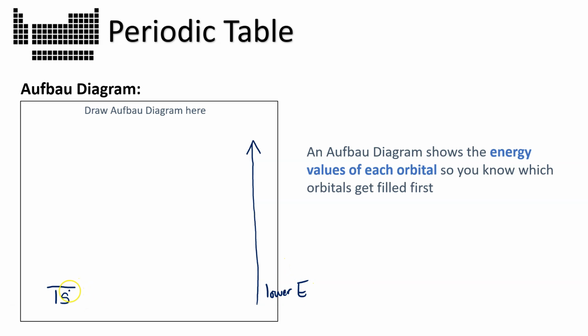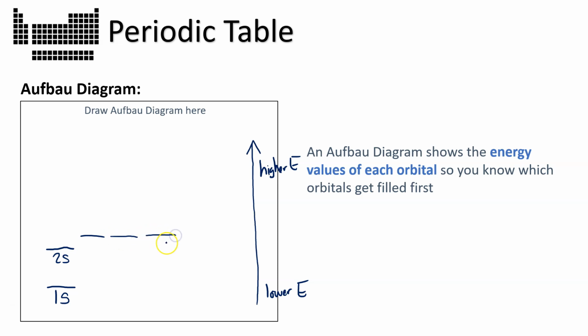So my 1s orbital is going to be the furthest to the bottom, which means it's also the orbital of the lowest energy value. And as we go up, we're mapping out orbitals with higher energy values. So first is the 1s, a little bit higher in energy is a different orbital. This time it's the 2s. Also keep in mind we have now entered the second principal energy level, which has the 2s, but it also has the 2p's.